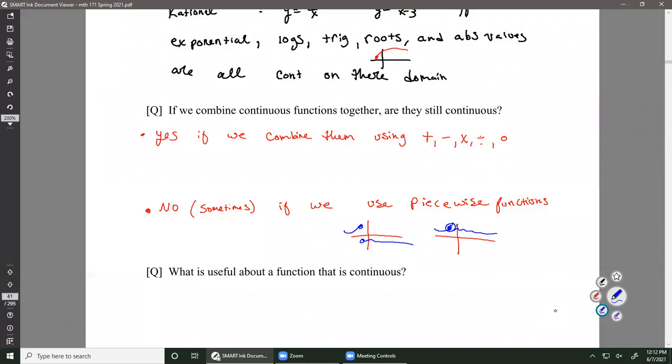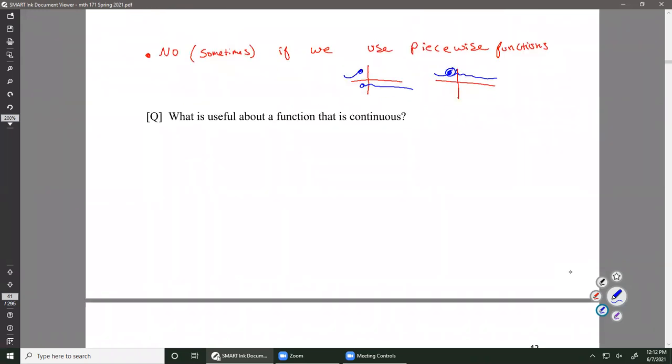So what's so useful about a function that is continuous? Why am I going on and on about this function being continuous? It goes back to our limits.